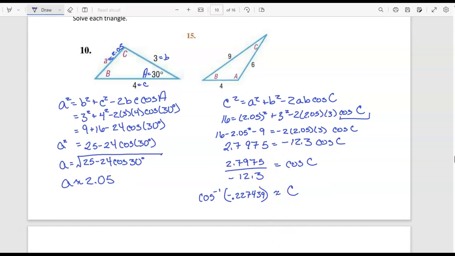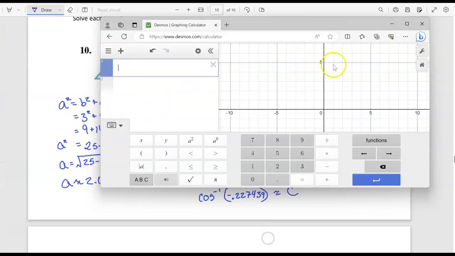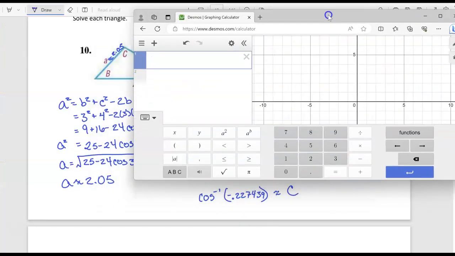In Desmos, to do inverse trig, remember we have to use arc cosine. Arc cosine is the same thing as inverse cosine. And then we've got negative 0.227439.